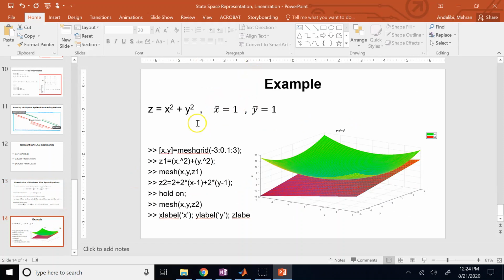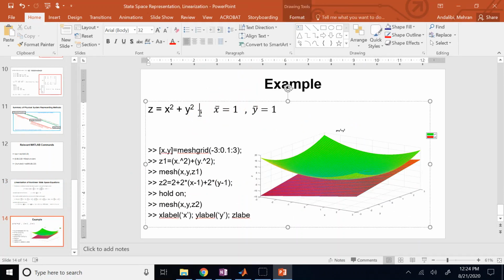So let me just go through this example here very fast. If you have a nonlinear function z, and this z is a function of two variables, x squared plus y squared, the surface of the nonlinear function z equals x squared plus y squared looks like this green surface.